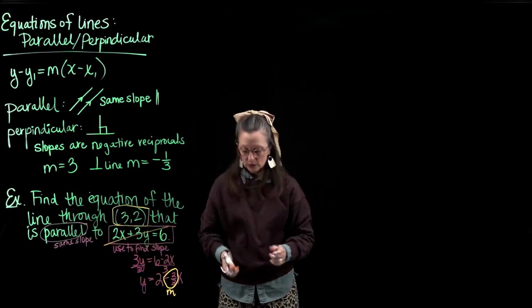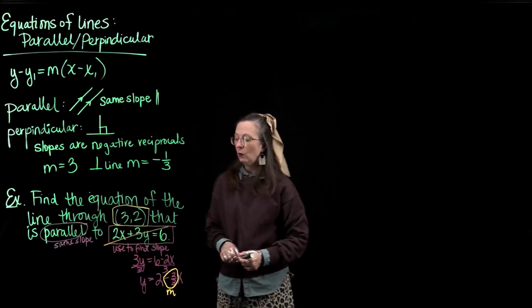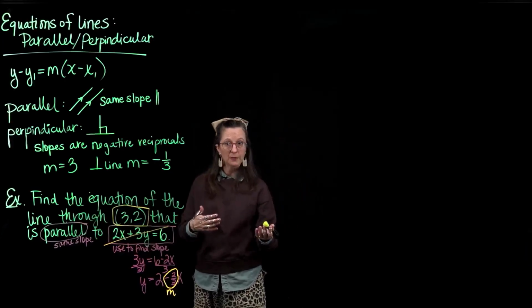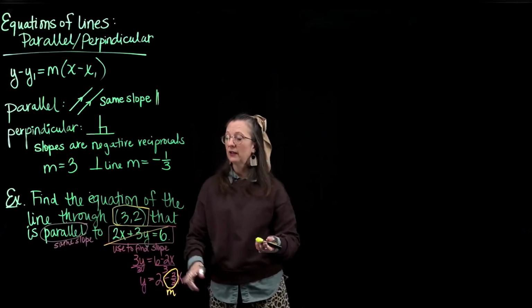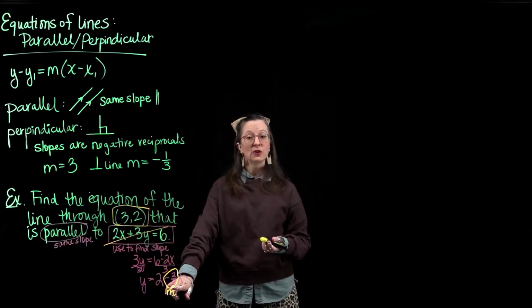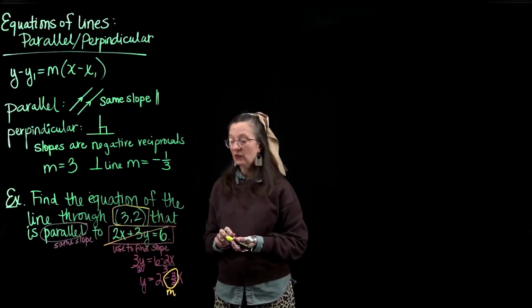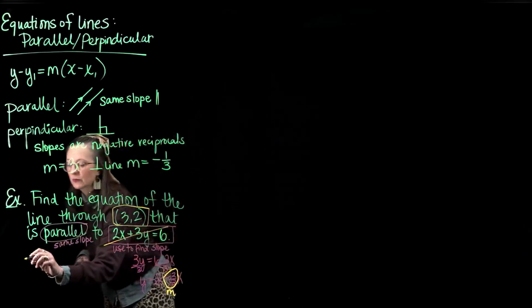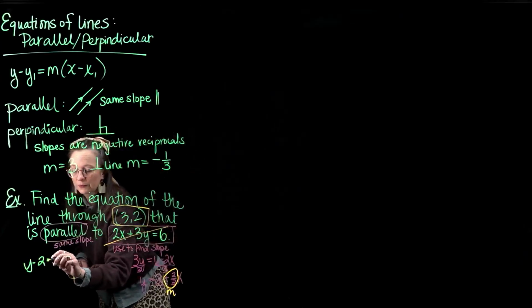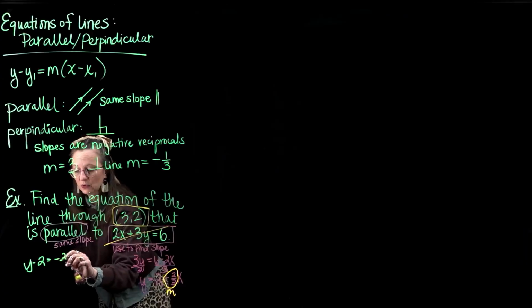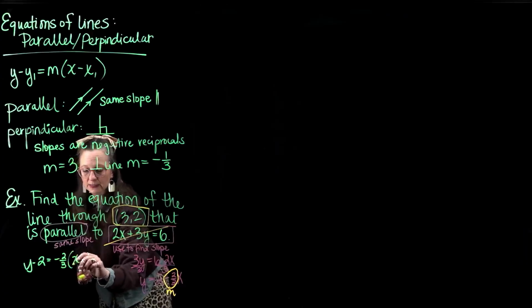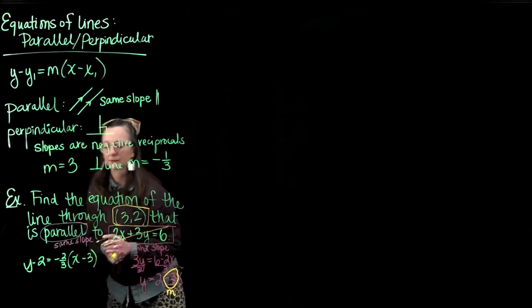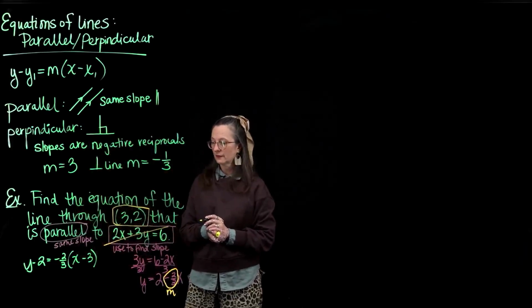Okay? So, we have a different problem. Now I want the equation of the line with the slope of -2/3 through the point (3, 2). And we've worked problems like that before. So this would be y - 2 = -2/3 (x - 3).